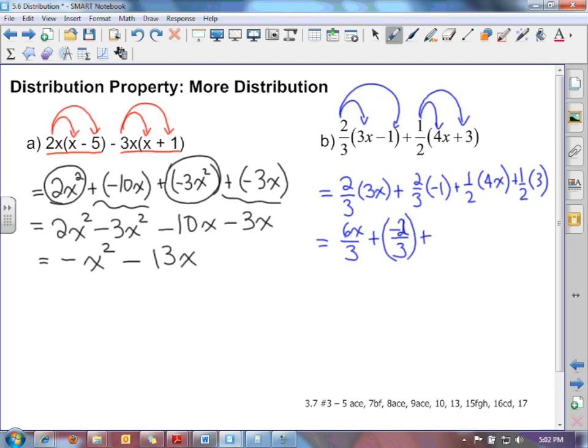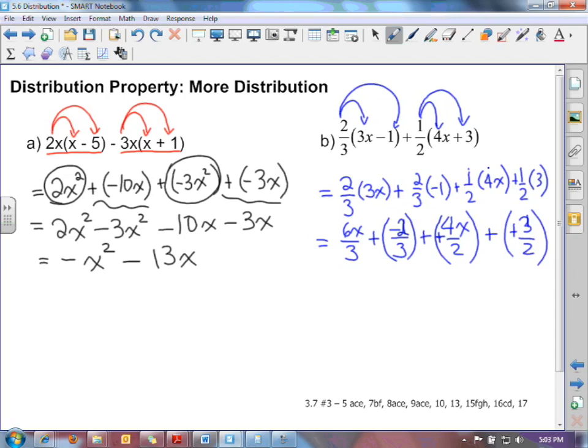Plus 1/2 times 4x. We just multiply numerator with numerator. It becomes 4x over 2, if you want to keep it as a bracket. And if you want to put a plus there, you can, to show that it's positive. Plus 1/2 times 3, which is positive 3 over 2.